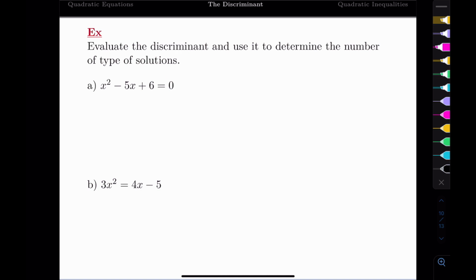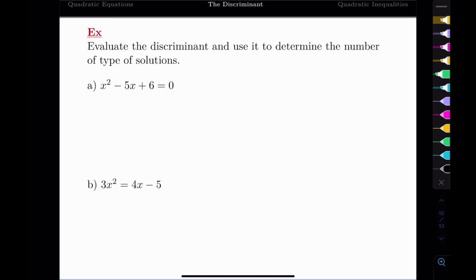So we're going to do two examples. And again, for each of these, I could just find the solutions and classify them, but I don't need to go through the full amount of work. The other thing, if I just give you properties and tell you, oh, b squared minus 4ac is this amount, what kind of solutions do you have? You can't rely on using the formula to find them.